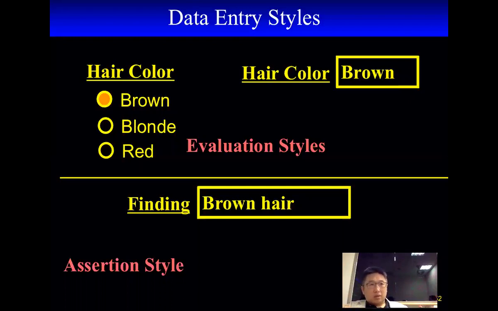But in the second style we don't know what it is, but we know it's some kind of bacteria, so we do the culture. Then the result is more like an assertion. After I got the answer, oh, the culture result is Salmonella, then we put Salmonella in our final result.